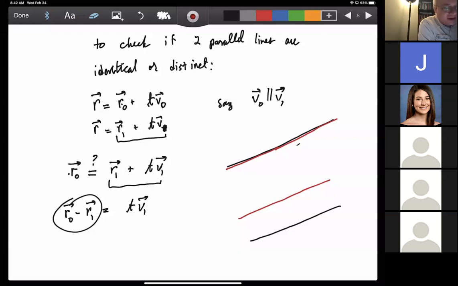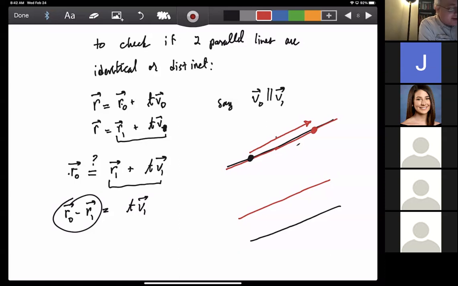Yeah. Okay, so if I've got two base points on the line, right? There's my black base point and my red base point. When the two lines are on top of each other, if I form the vector that gets me from one of those to the other, that takes me along the line, right?